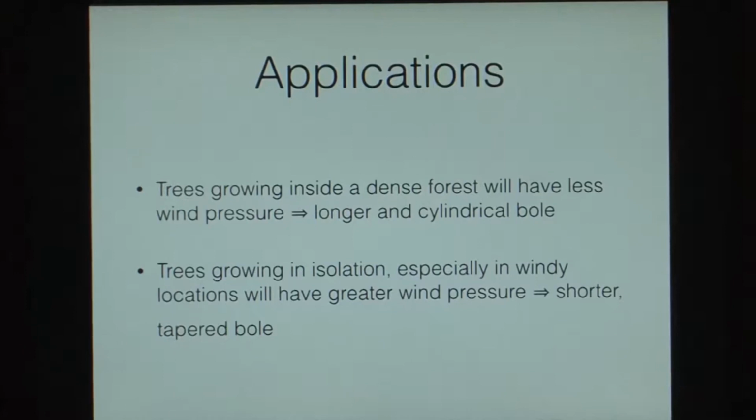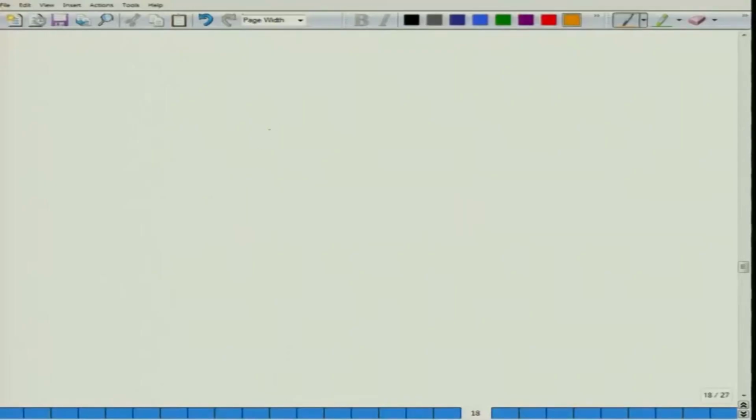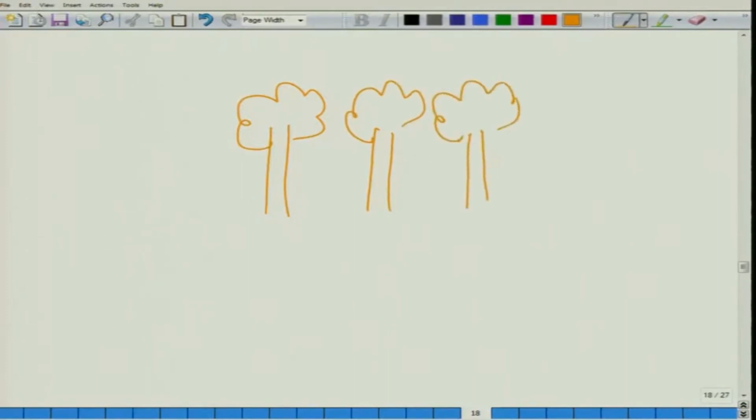Trees that are growing inside a dense forest will have less wind pressure. Why? Because let us consider trees in a dense forest. Now, suppose we look at the wind pressure.